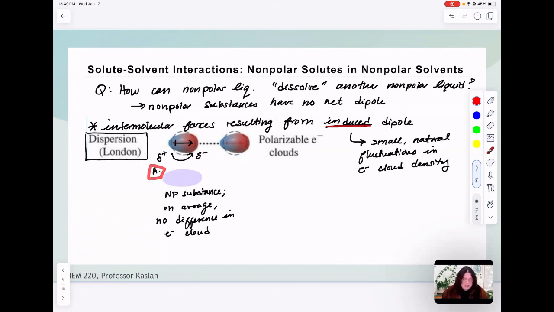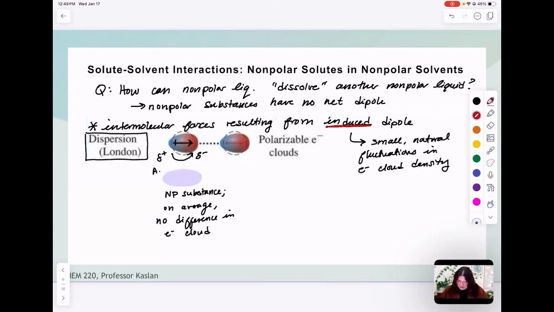Because molecule A underwent this statistical natural change in its electron cloud density, which happens for just a moment, its neighbor, because remember, molecules are pretty close to one another, is going to respond to that charge in kind.